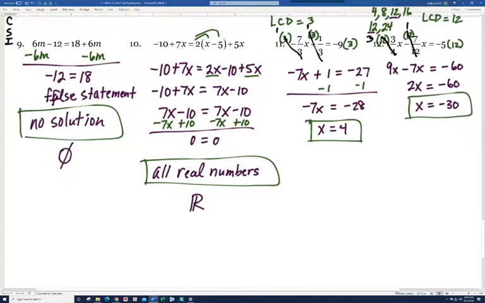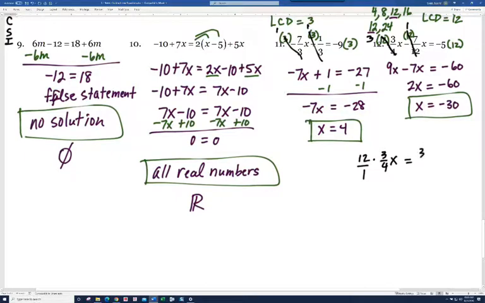Now, I want to go back and show you there's another thing you can do on number 12 here to clear fractions if you were struggling seeing what I was doing. So basically, we had 12 times 3/4 x. We could actually write that as 12 over 1 and just multiply across.